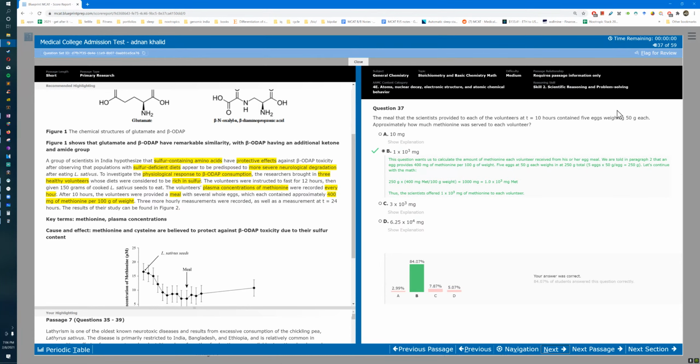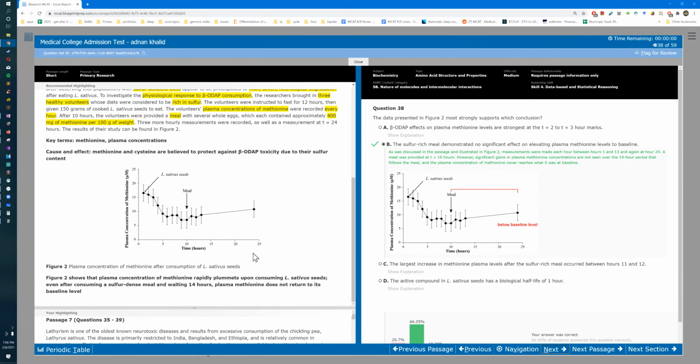Now, they're given 5 eggs that are 50 grams each, and if 400 milligrams of methionine are in 100 grams, that means that in 50 grams of an egg, it'll be 200 milligrams of methionine. And if they got 5 of those, 200 times 5 is basically 1,000. And this is the only one that's 1,000 right here.